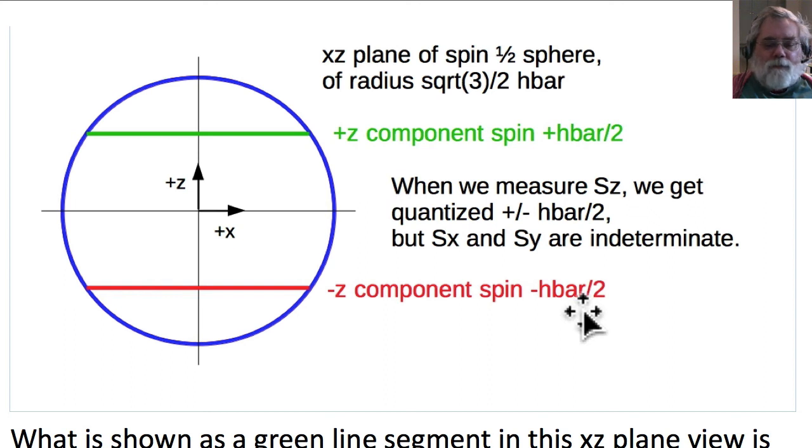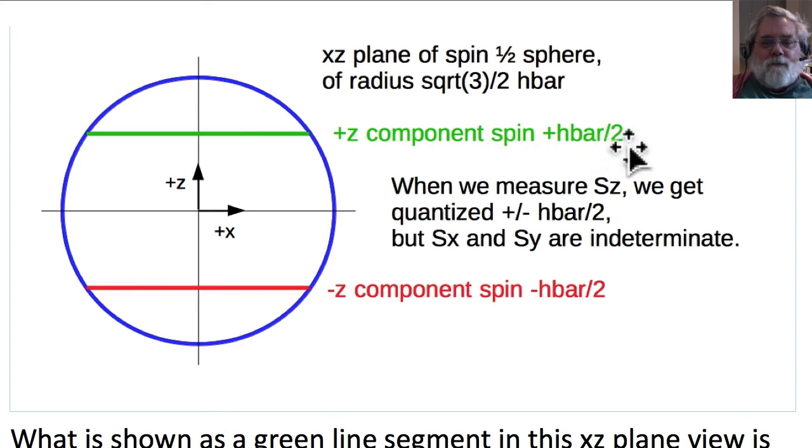No other measurements are possible. That is what happens in a spin 1/2 system. When we measure S sub z, we get quantized plus or minus h bar over 2, but S sub x and S sub y are indeterminate.